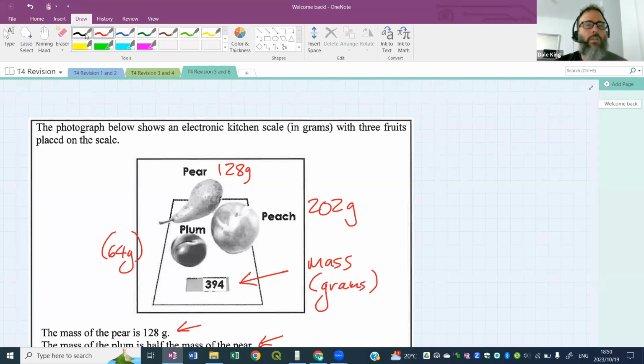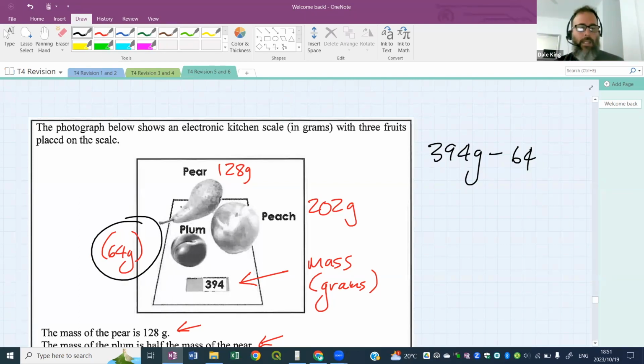All right. What can we do? Sir, I said 394 minus 64 minus 128 gives me 202. All right. So 394 minus 64. Now, if you write this in the exam, you see we wrote 64 here in the beginning. So this 64, we got to show the marker how we got it.